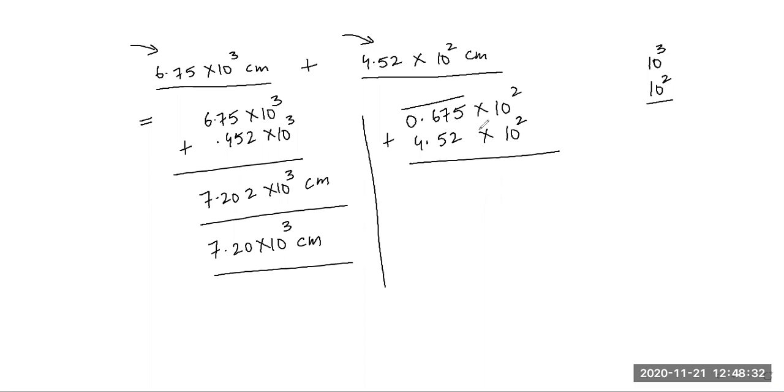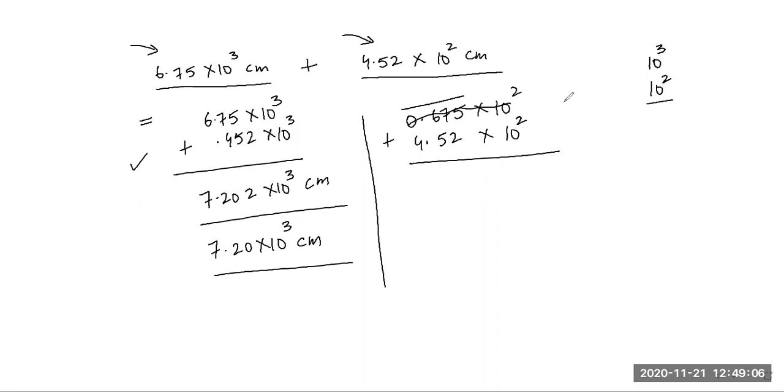Okay, if we do like this, then let's see what happens. Excuse me, sir. Yeah, tell me. Sir, in that second case, 0.675 into 10 raised to power 2. But when we convert 6.75 into 10 raised to power 3 to 10 raised to power 2, then 67.5 will not be there. This is wrong, you're right.